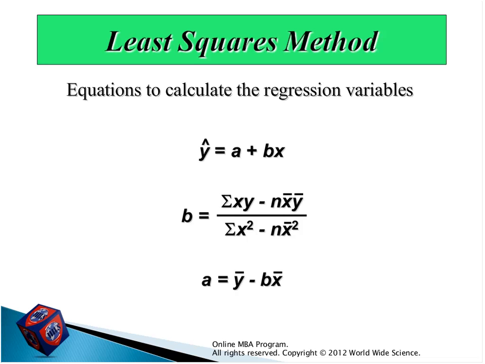B can be calculated by use of this formula. And after calculating B, you can calculate A, because calculating A depends on calculating B. A equals Y bar minus B X bar.